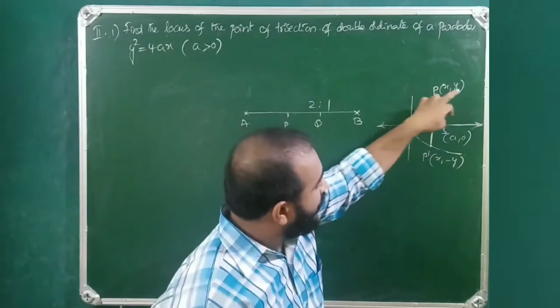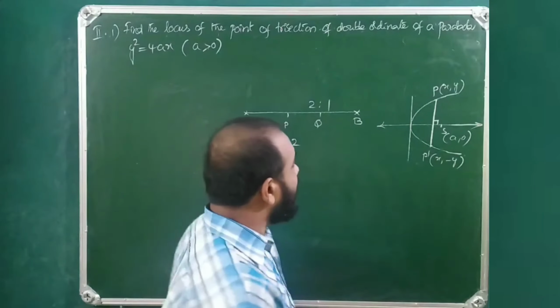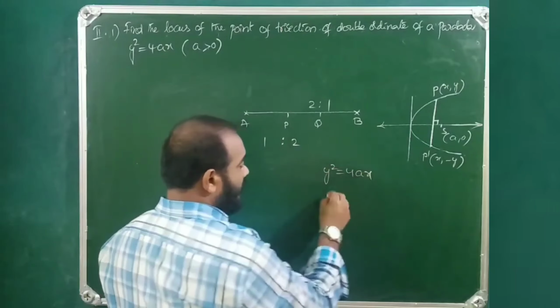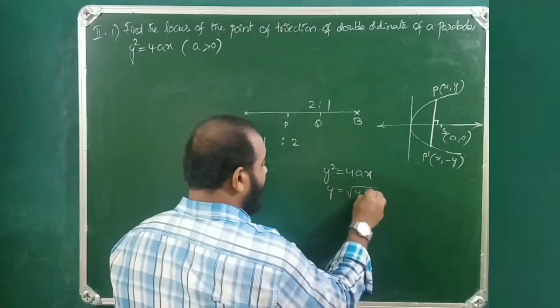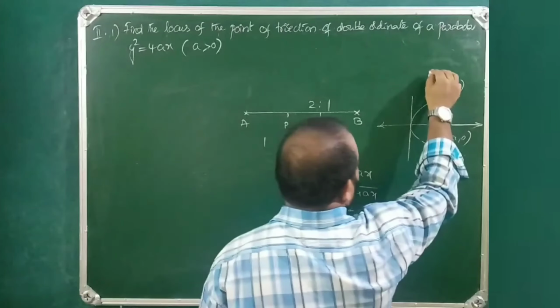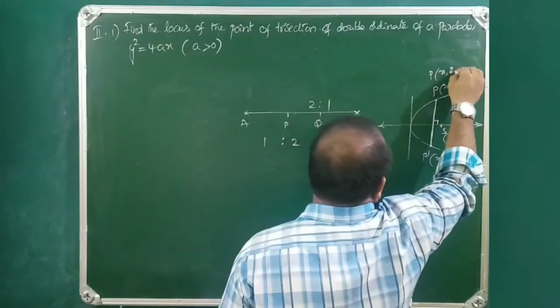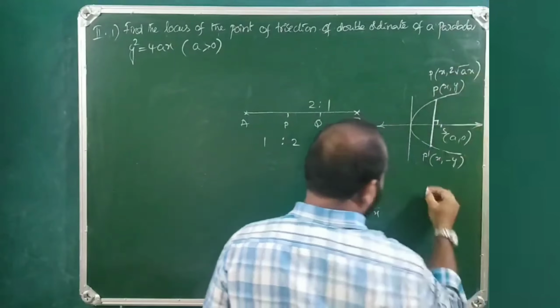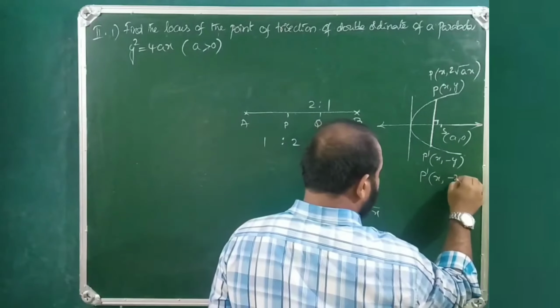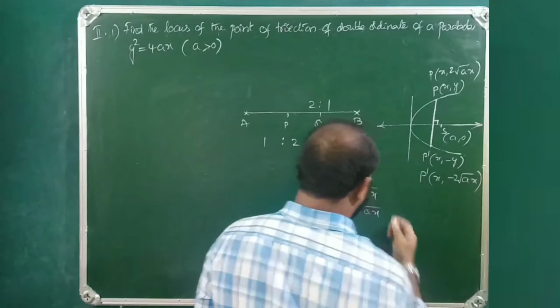So if this height is y, then this is minus y. Since y square equals 4ax, y is equal to the square root of 4ax, that is 2 root ax. That means this P is (x, 2 root ax) and P dash is (x, minus 2 root ax).